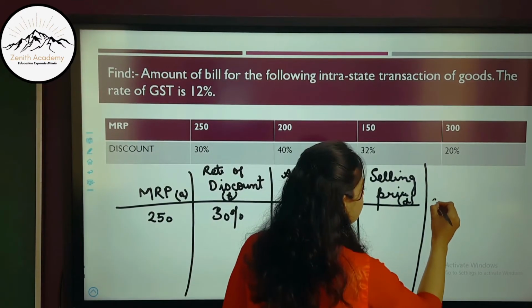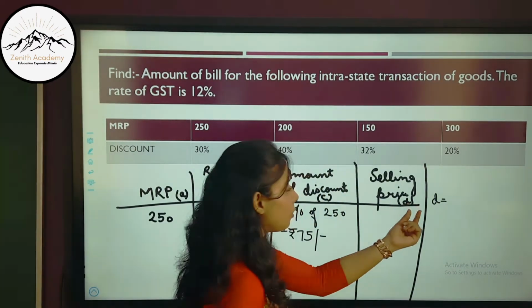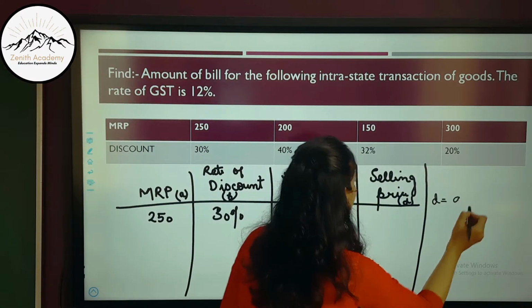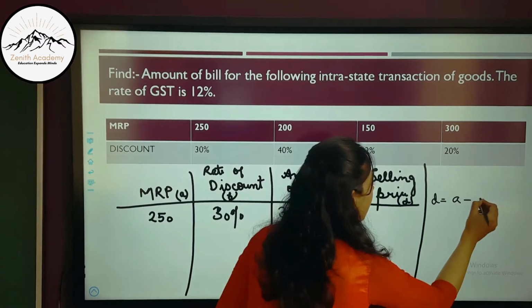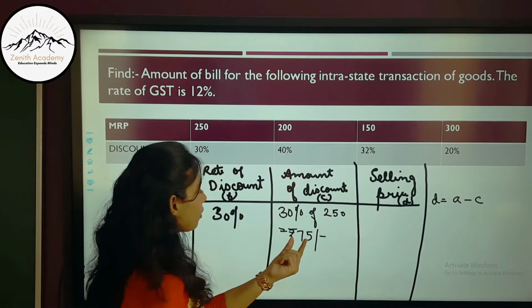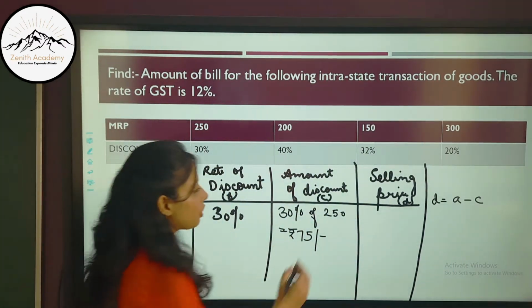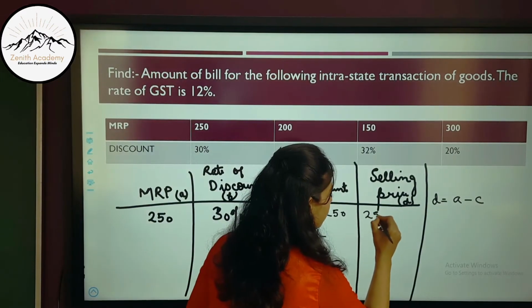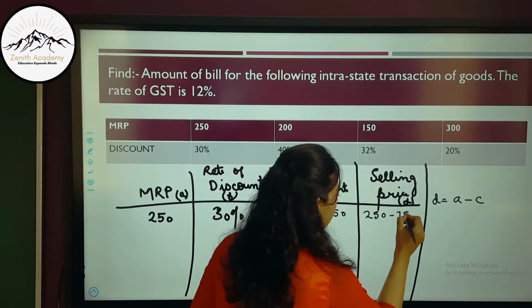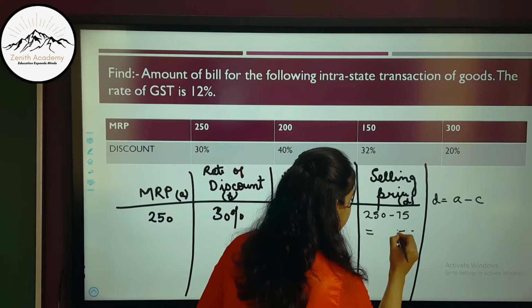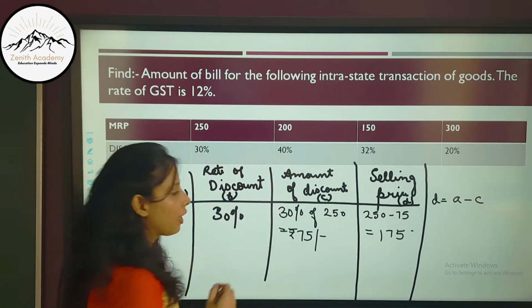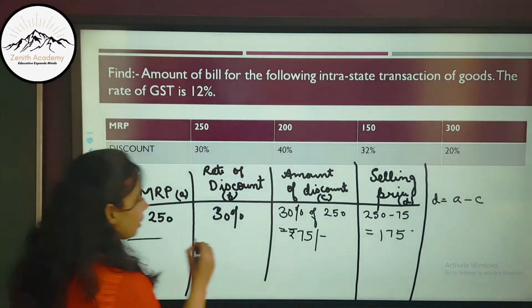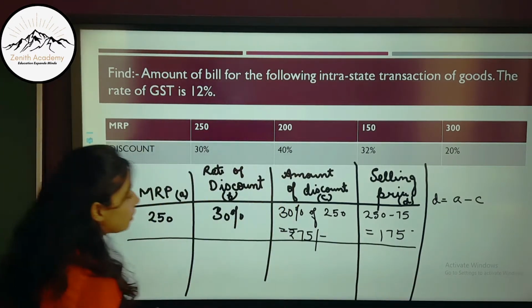Selling price, this column D, is equal to A, our MRP, minus this discount, A minus C. So what is 250 minus 75? This will give us 175. Okay. Similarly, we'll complete the table.